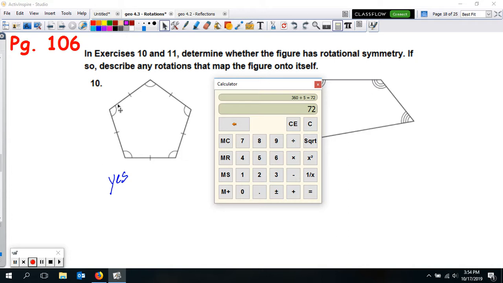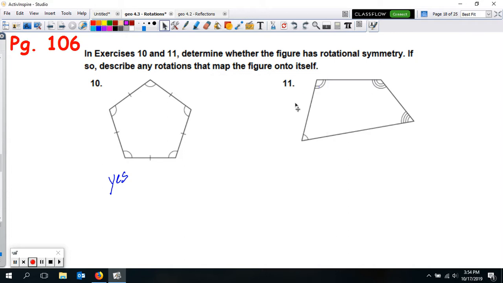So each of these stops here will be at 72. So 72 here, 72 more here. So for the first one, it's 72. At 72 degrees, it'll map onto itself. Then 72 plus 72 more is 144. So at 144, it'll map onto itself down here. And then that's it, because after that, when it comes over to here, you're more than 180.